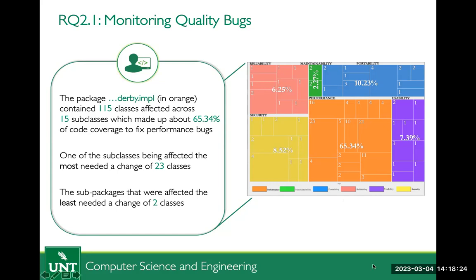For instance, in this case, one of the most affected packages contained performance bugs, and that consists of 65% of the classes affecting that package, which is 115 classes to be precise. But there were also other packages, such as maintainability, which was only affected 2.2%.